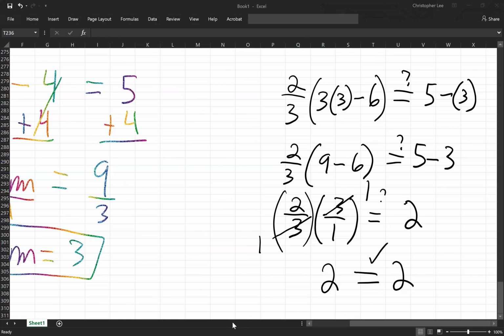Parentheses first, then exponents, right? Then multiplication, division, and then addition and subtraction. So the reason we're subtracting first in the 9 minus 6 is because that's in the parentheses. So we have to simplify the parentheses first. And that's it.